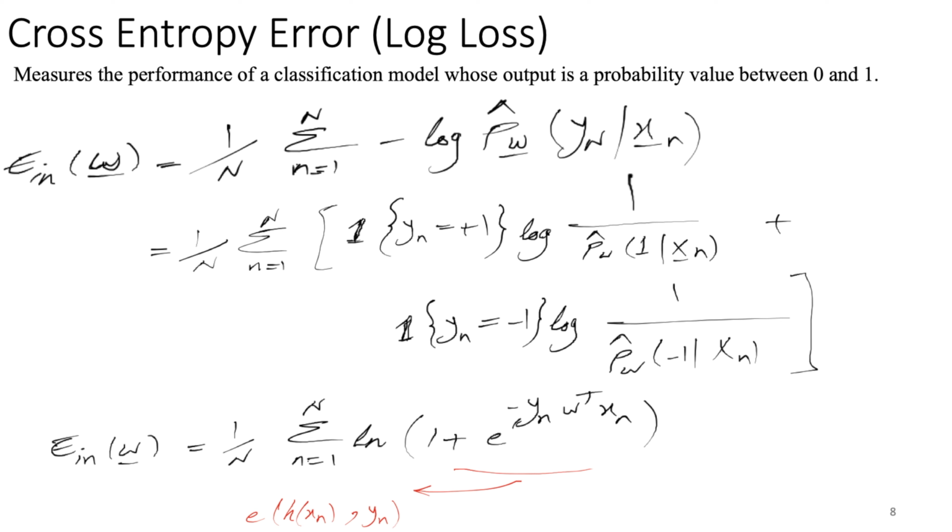So now that we have defined the loss function, the cross entropy, and the likelihood of the vector w, we're going to see how we can find the solution for En of w.